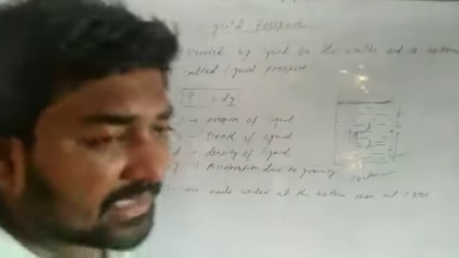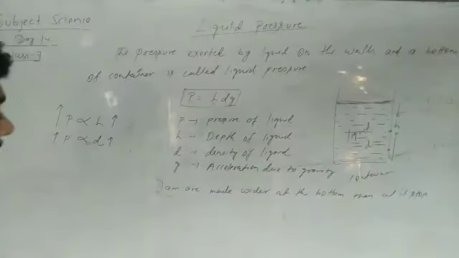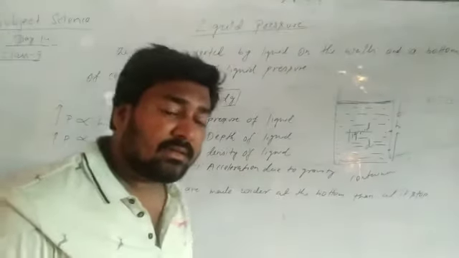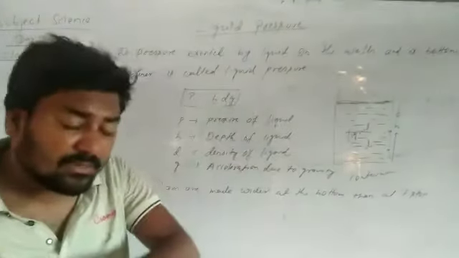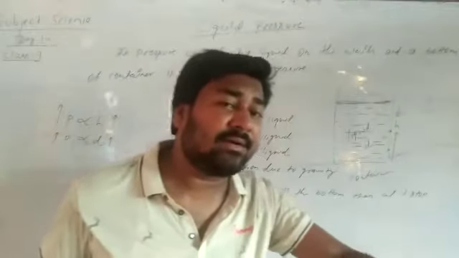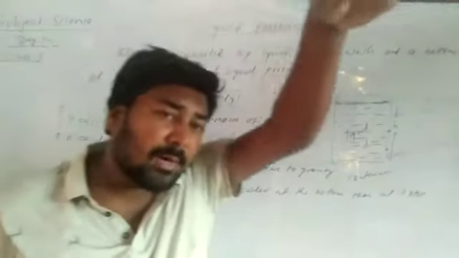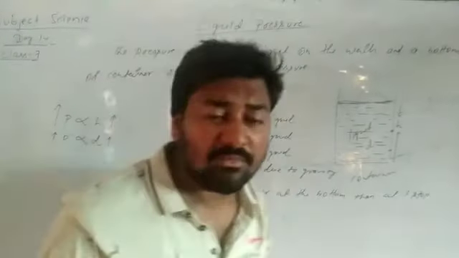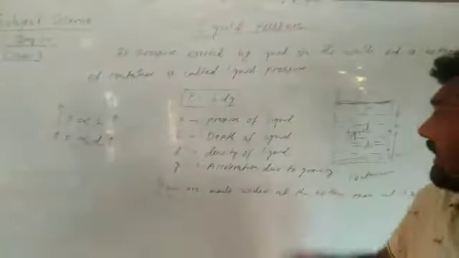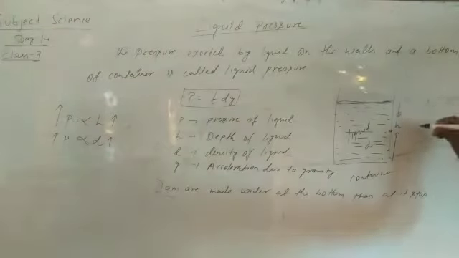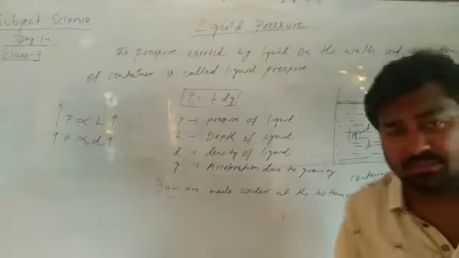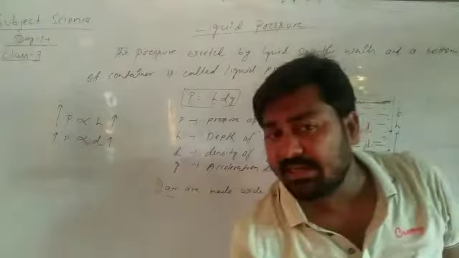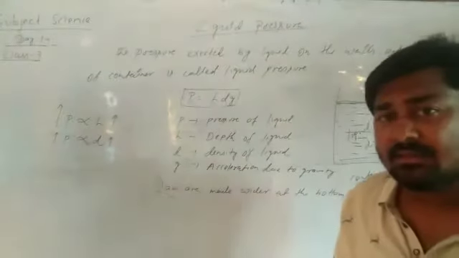Why are dams wider at the bottom? Because water creates more pressure at the downside, but the upper side is not as wide.